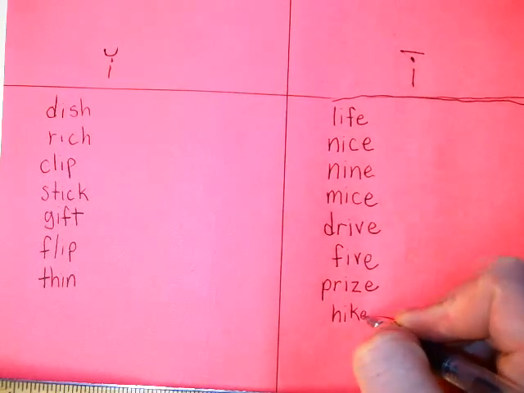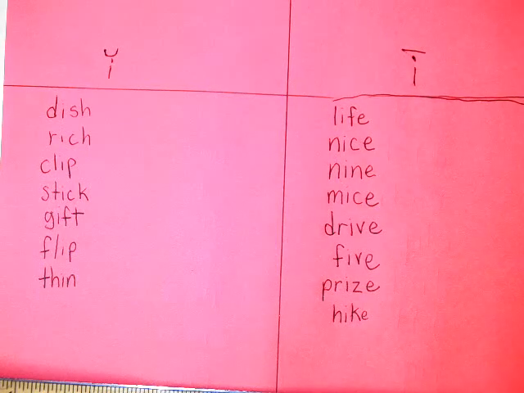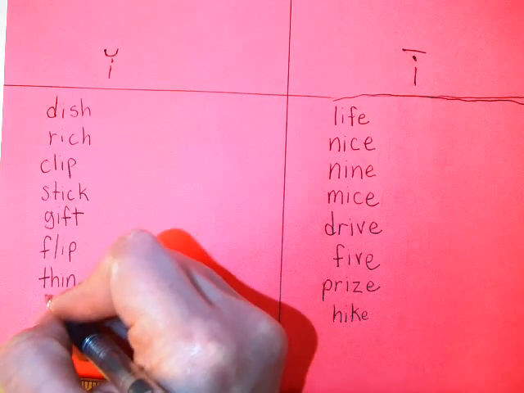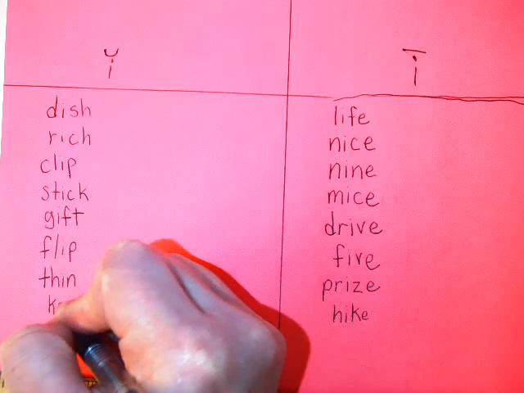Hike. Alright, your next word is kick. Kick. If you hear short i in kick, put it over here. If you hear long i in kick, put it over here. Kick. It's going to go right over here.